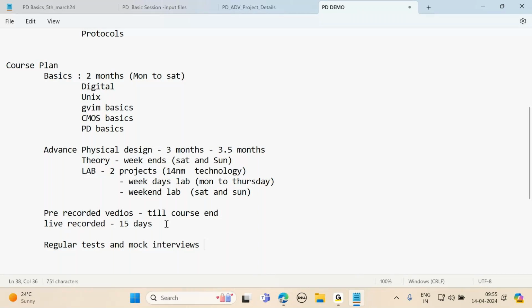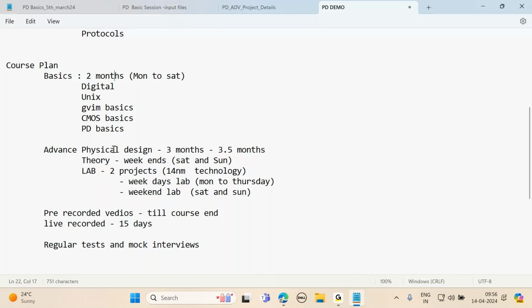This is the course plan you have. So what is covered in the course? Advanced physical design course I will do later. Now, what is physical design and what do we do in that. But now, any doubts in the course plan you can discuss. You can ask me the questions if you have any doubts in the course plan.